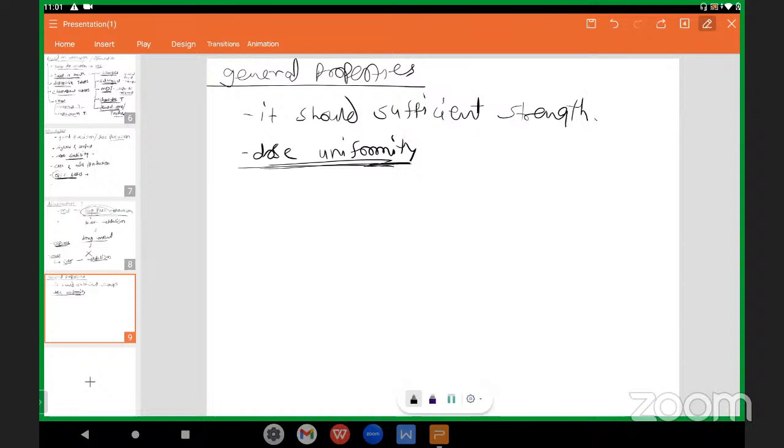Now the very important point is it should have sufficient strength. Okay, so write it down under this point.